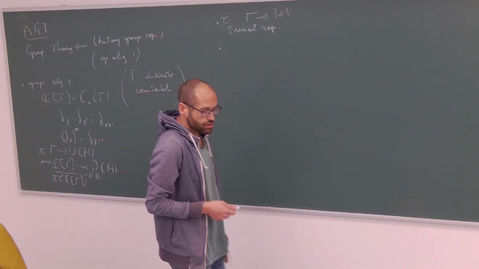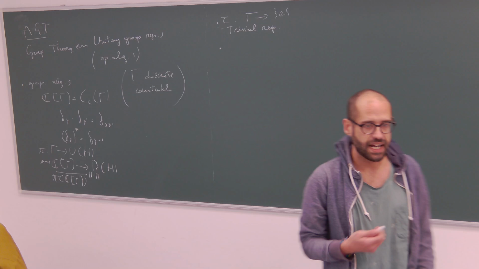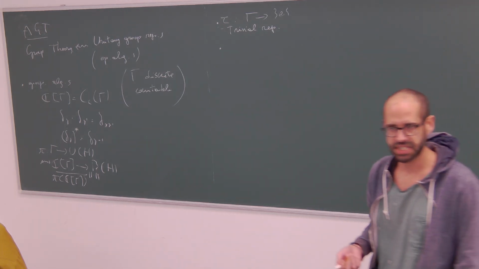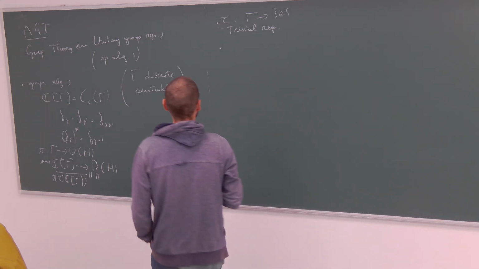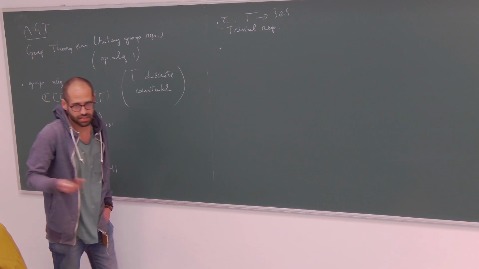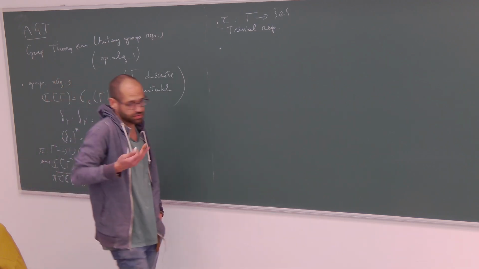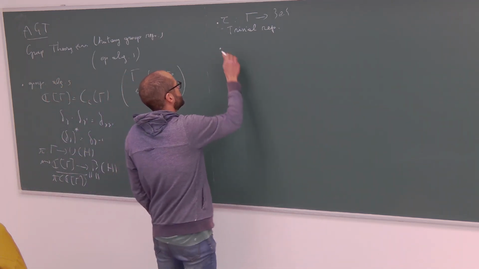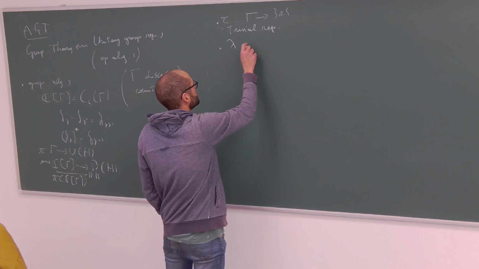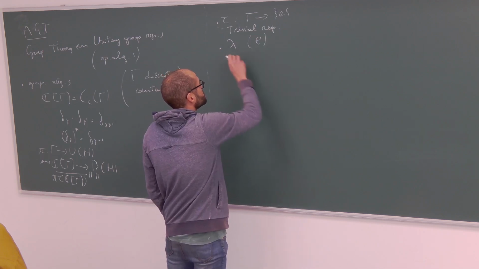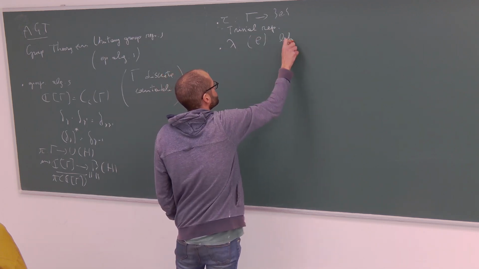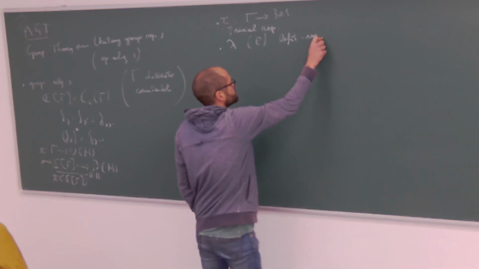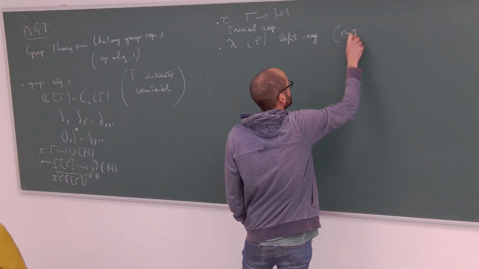Now, I can also construct what are called the left regular and the right regular representations, because the group is discrete, or in general, if it's locally compact, you have a Haar measure. They are denoted by lambda and rho. So lambda is the left regular, and rho is the right regular.